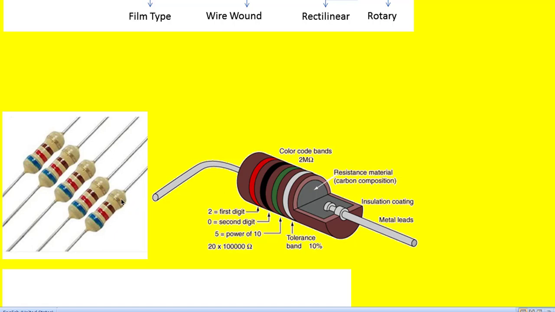And at the end, we find two types of colors, called the tolerance color: one is silver, the other is gold. If it is a silver band, then the resistance tolerance is plus or minus 10%. Whereas if it is a gold band, the tolerance is plus or minus 5%.